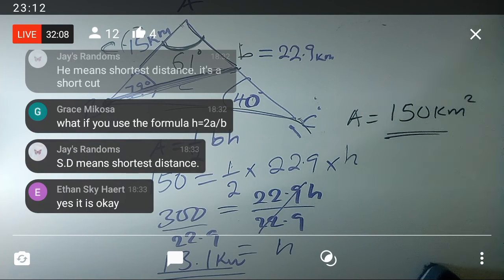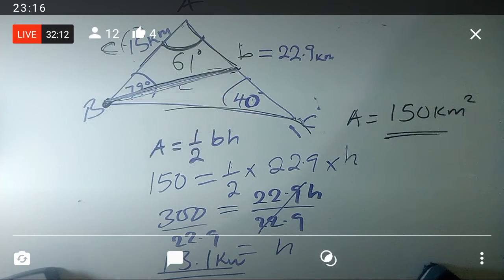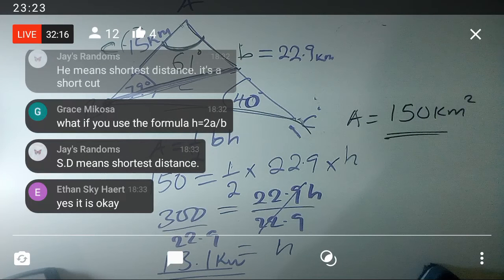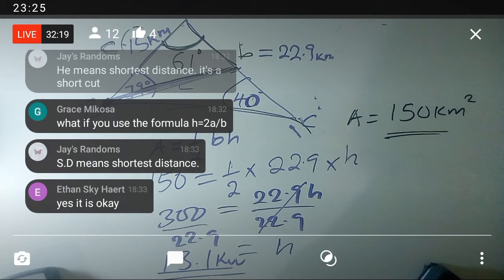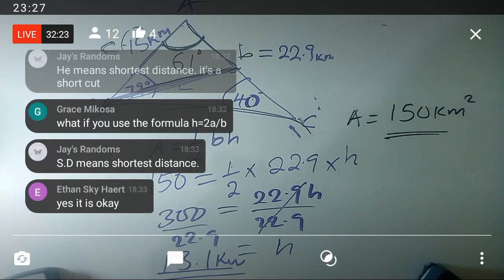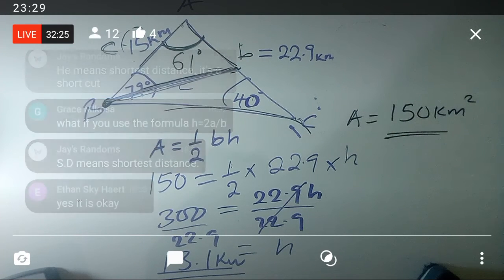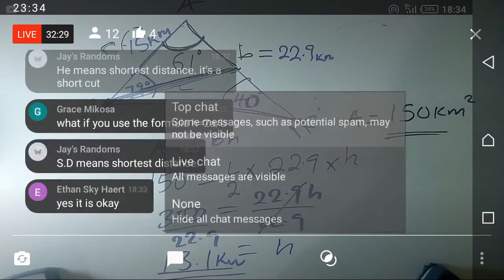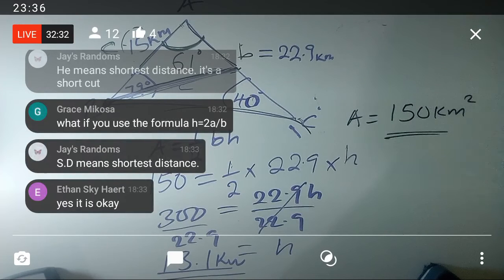Yes, it's okay. Ethan, you're saying it's okay. This one is okay. I want you guys to tell me the method. If the method is okay, or if you have an idea on how to work this out, kindly come out. Say what you have. Grace, what if you use the formula?